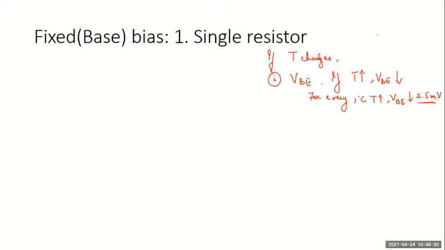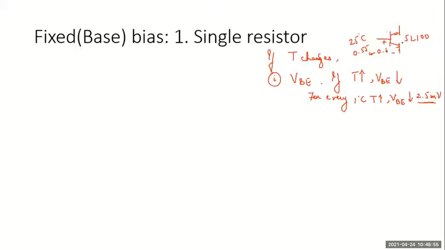So say in a transistor which is manufactured, you say SL100 or whatever, the base emitter voltage was 0.6. It was originally available as 0.6. The same transistor, when you used it in winter when the temperature was 25 degrees, its value became say 0.55 or something.